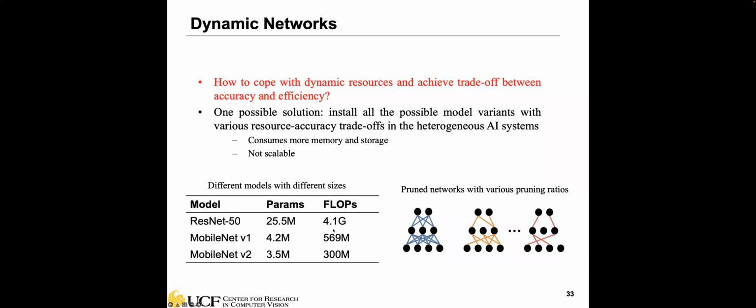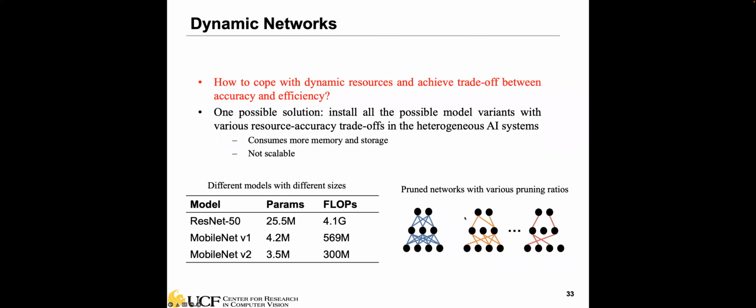The computation is reduced a lot, so it won't draw a significant amount of power on the drone device. Even if the power goes down further, then we can switch to MobileNet V2, which has even less compute. So you can deploy these multiple models and switch between them according to the resource at the particular moment.